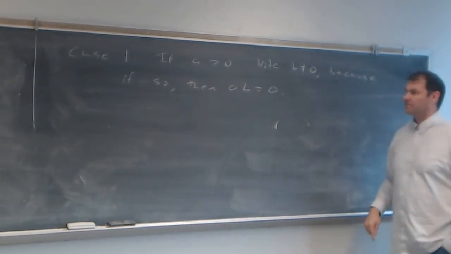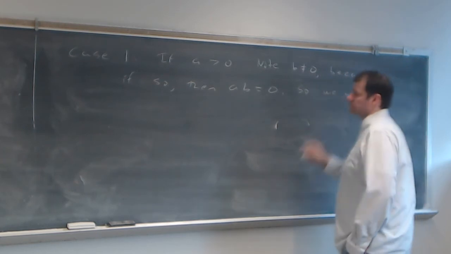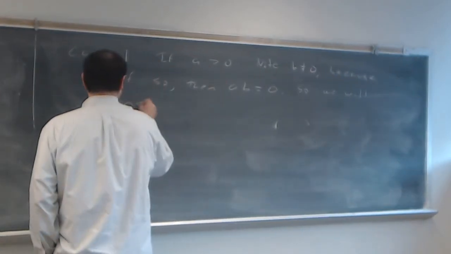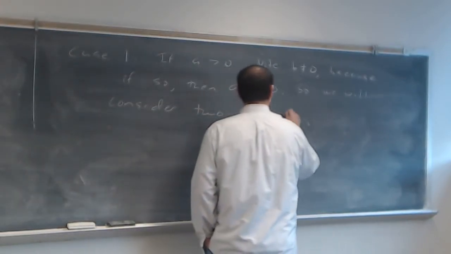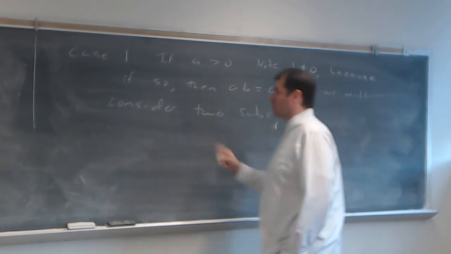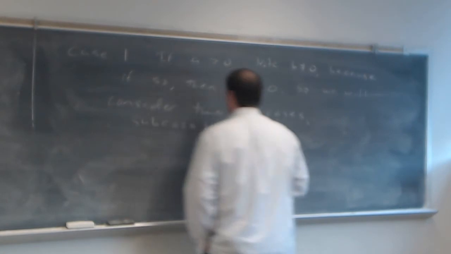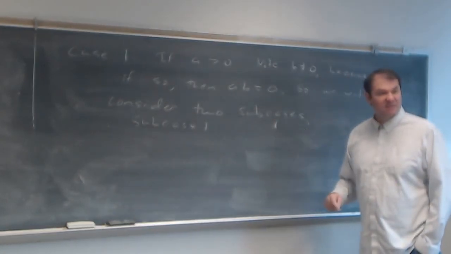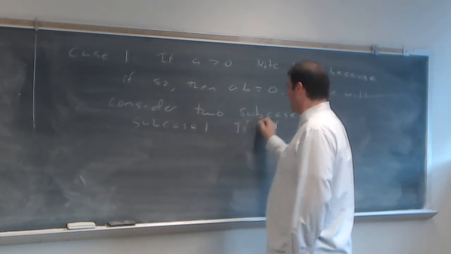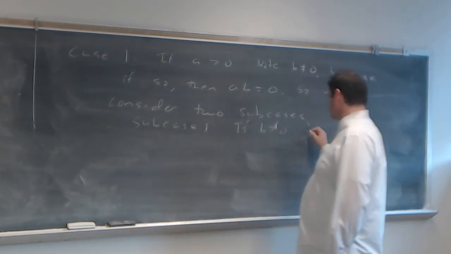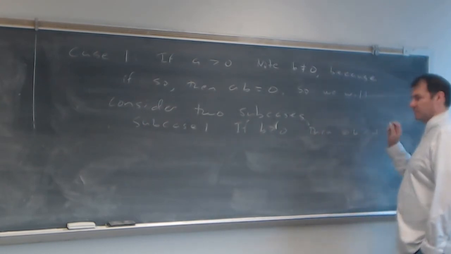So I know b can't be 0. So we will consider two subcases. Subcase 1, and it's based on b. I know b can't be 0, so b could be positive. Now, if b is greater than 0, then a times b will be greater than 0.